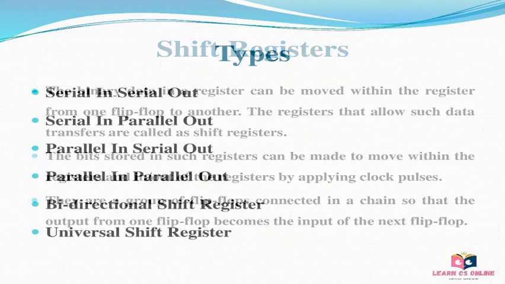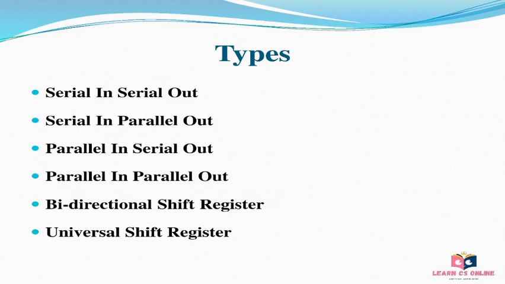Shift registers are a group of flip-flops connected in a chain so that the output from one flip-flop becomes the input of the next flip-flop. The different types of shift registers are serial in serial out, serial in parallel out, parallel in serial out, parallel in parallel out, bidirectional shift register and universal shift register.